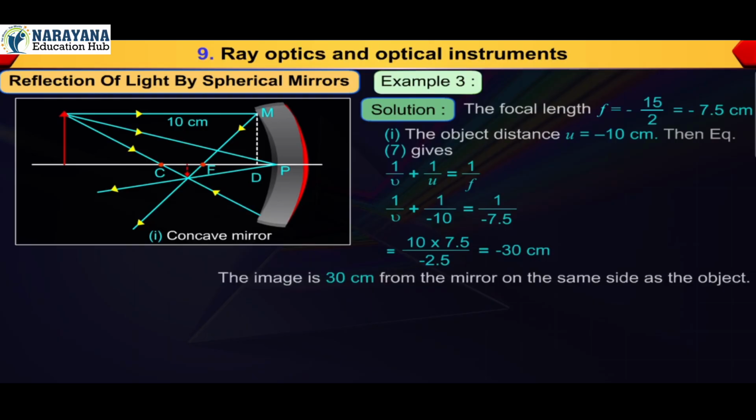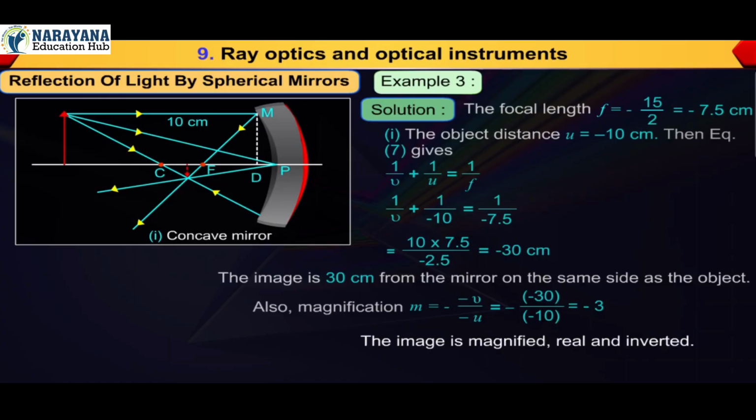The image is 30 cm from the mirror on the same side as the object. Also magnification m is equal to minus v upon u is equal to minus (minus 30) upon minus 10 is equal to minus 3. The image is magnified, real and inverted.